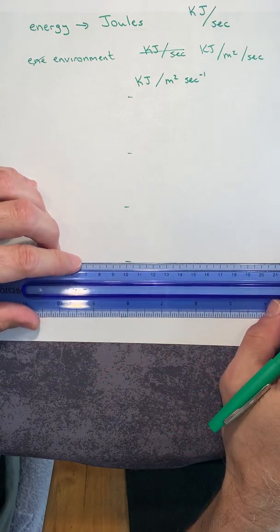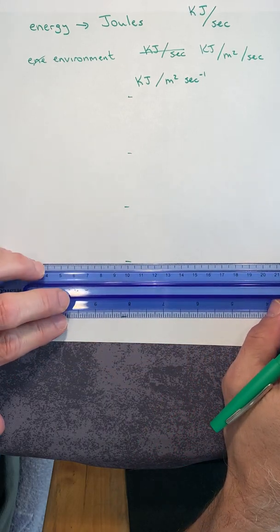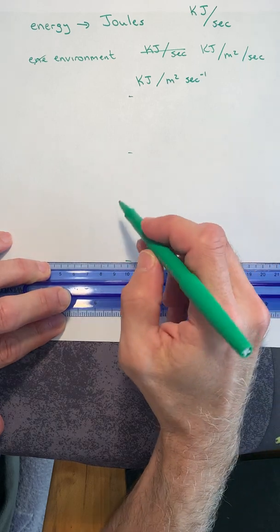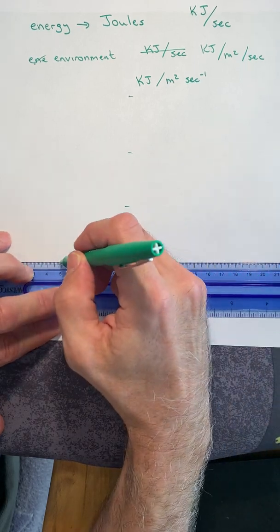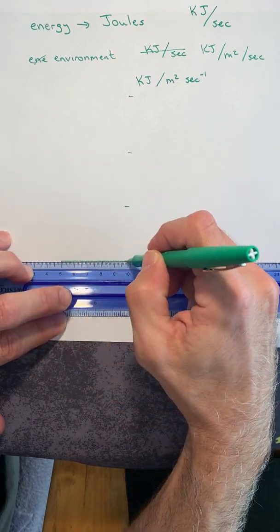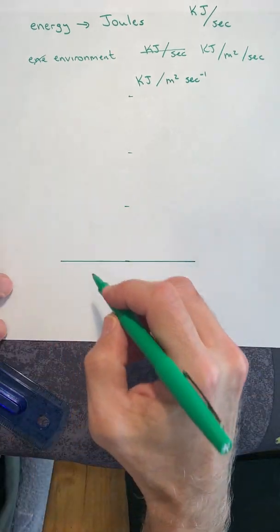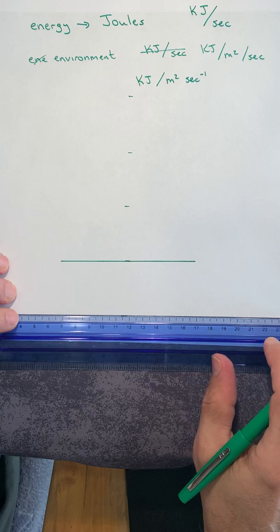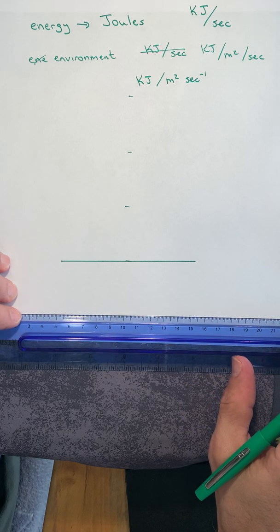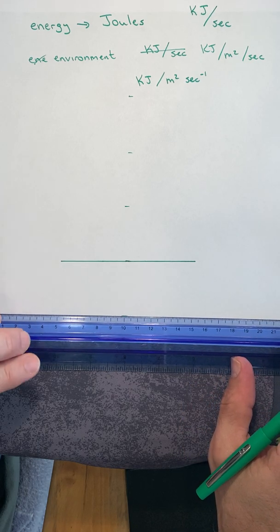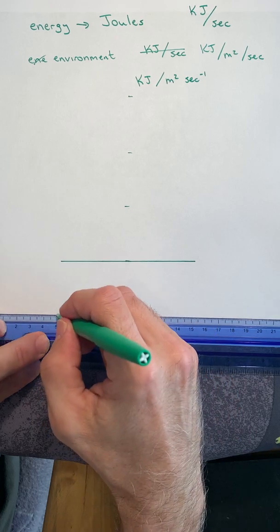And why? Because the base of my pyramid is going to be 10 centimeters long. So there's 5, there's 10. Okay, and then I come down here, and let's line it up about like that. Hopefully that's close to the middle.